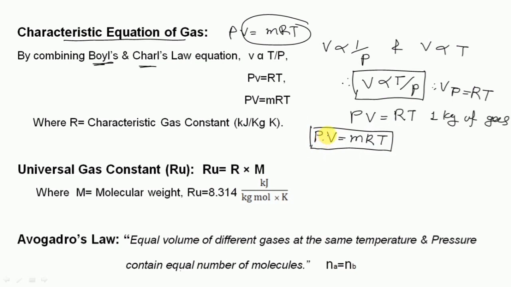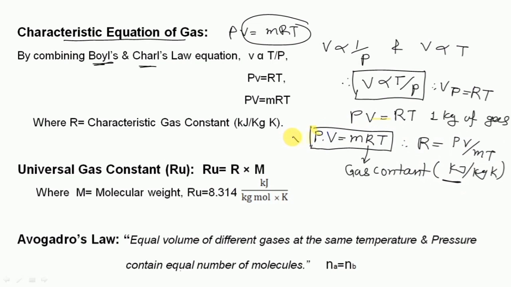Here R is the gas constant, or characteristic gas constant, and the unit of R is kilojoule per kg Kelvin. If we rearrange, R is equal to PV upon mT, and if you put the unit of each property, then we get this unit of R. So this is the very simple gas characteristic equation, PV is equal to mRT.